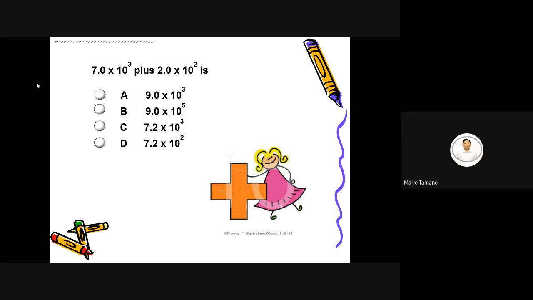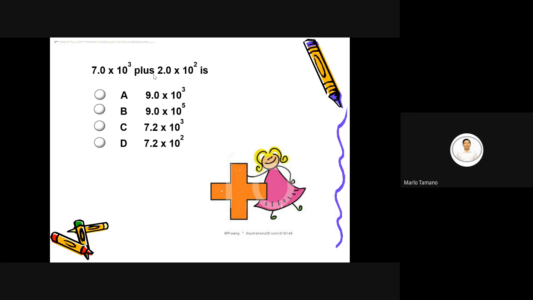Move the decimal. Okay, try. If it is C, we follow the exponent, the 10 cubed, and move the decimal here. Where do we take the decimal? 1 place to the left. 1 space only.